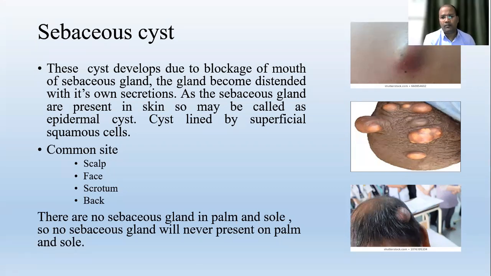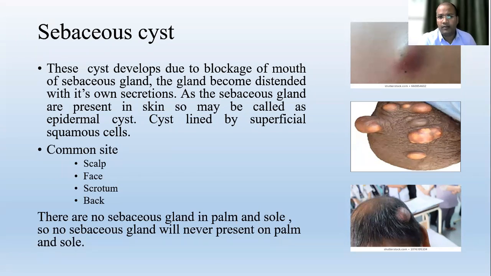But there is no sebaceous gland present in our palm and sole, so sebaceous cysts are never found on the palm and sole. These are a kind of retention cyst, as we already discussed, because due to blockage of that duct, the sebum is retained inside.